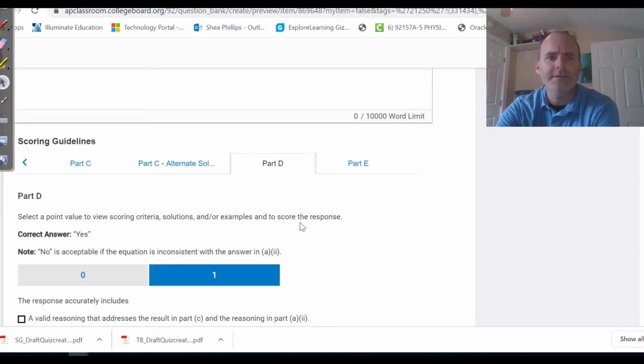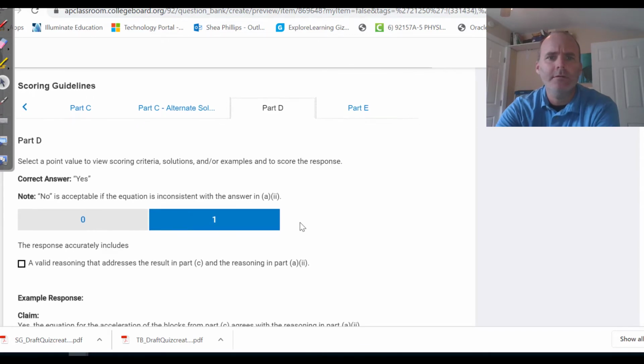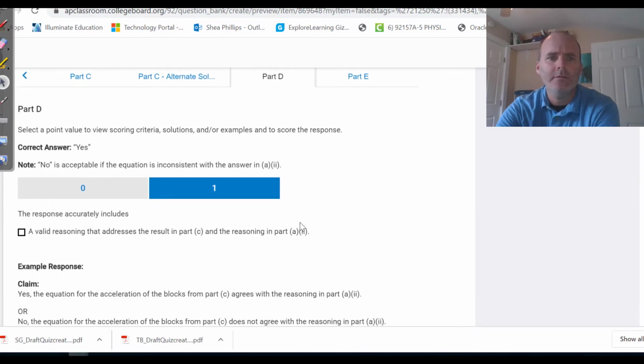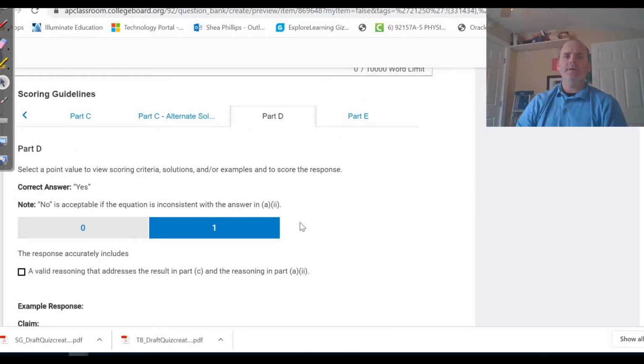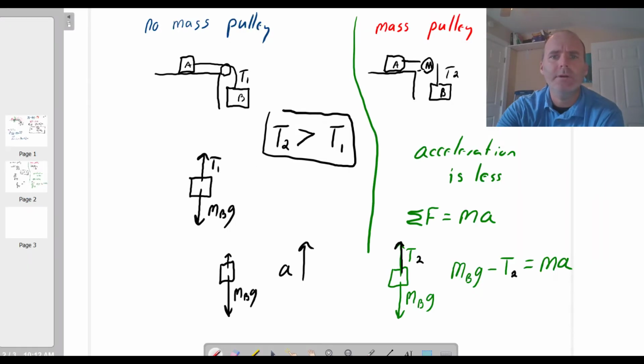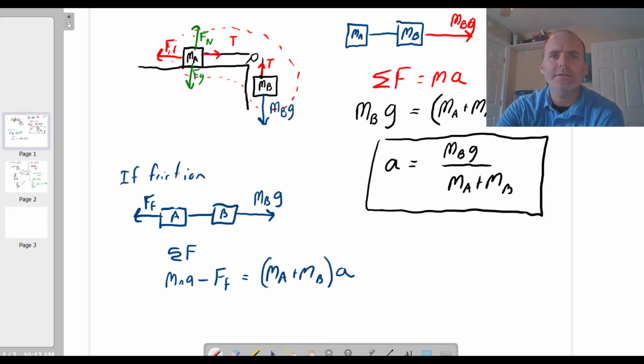Okay, part D. Part D was asking, does your equation actually back up your justification? In the question, if your mass of A is really small, what happens to your acceleration?